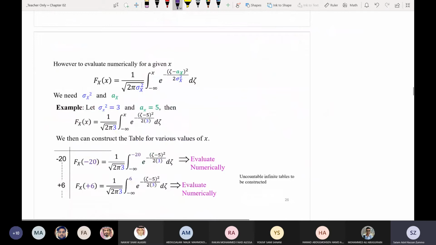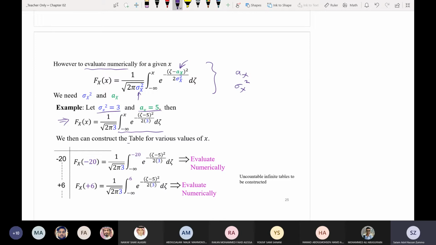Okay? So we can evaluate this numerically for a specific AX and sigma x squared. So we can have a table for every AX and sigma x squared. So for example, let's sigma x squared equal 3, let's AX equal 5, then fx of x equals 1 over 2 pi multiplied by 3 multiplied by this integral.